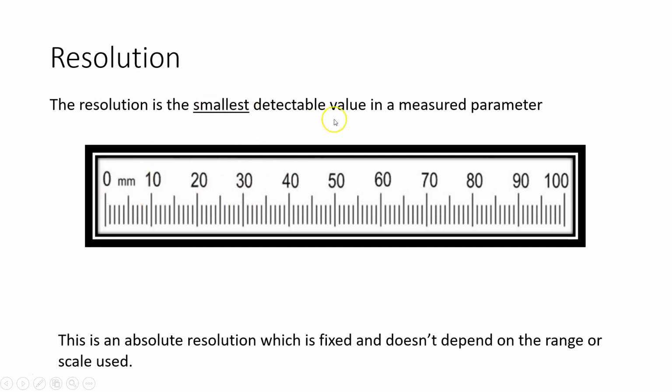Well, the smallest detectable value would be these individual divisions. We have 10 divisions for each 10 millimeters, so each division is 1 millimeter. When we're measuring, we generally round to the nearest millimeter. So we can say the smallest detectable value in this ruler is 1 millimeter.